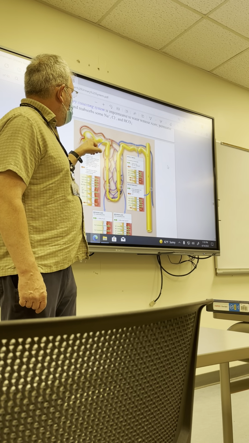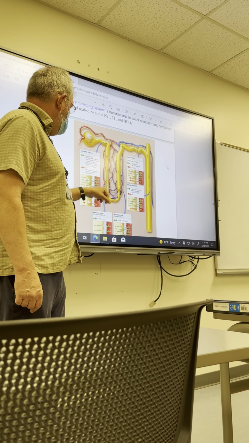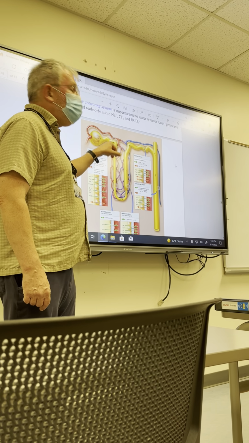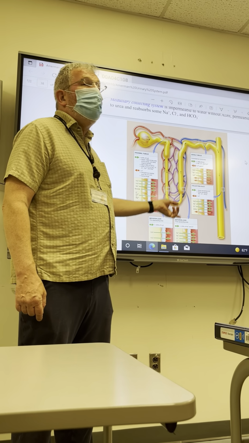As filtrate passes through it, it's first going to go down this portion here. It's going to be called the descending limb. And then what filtrate is left is going to go up the ascending limb.